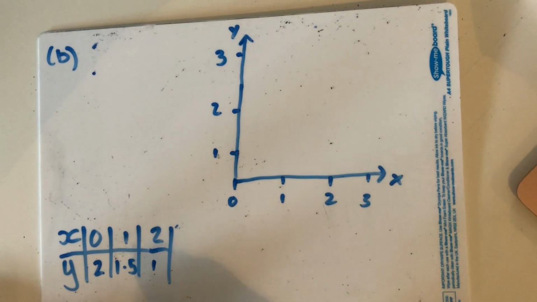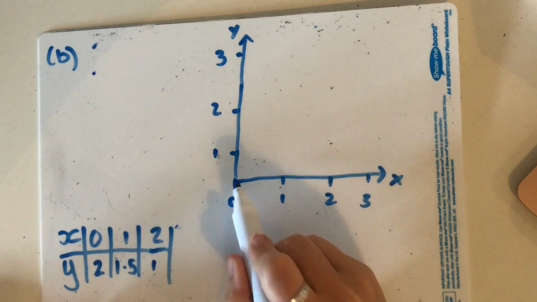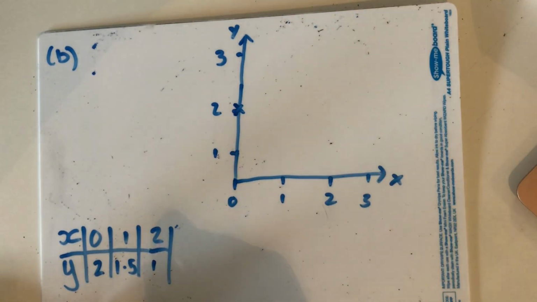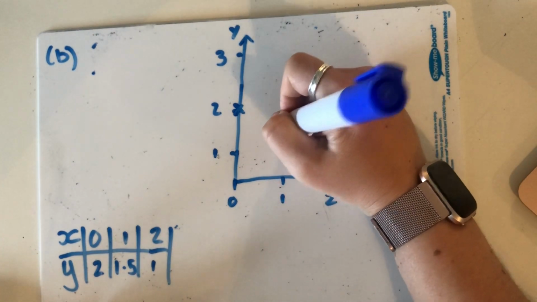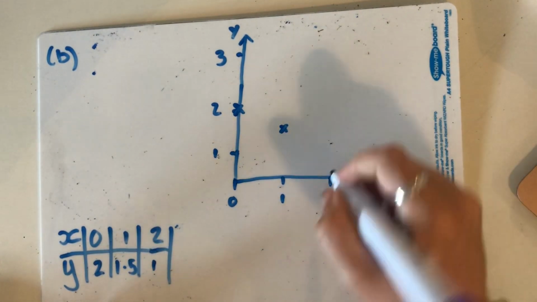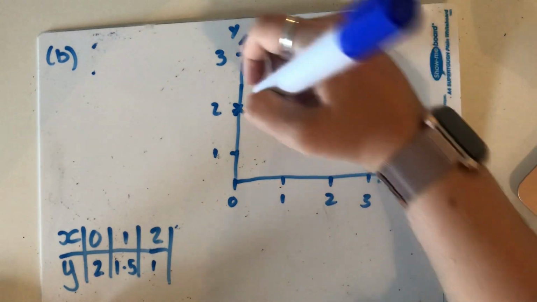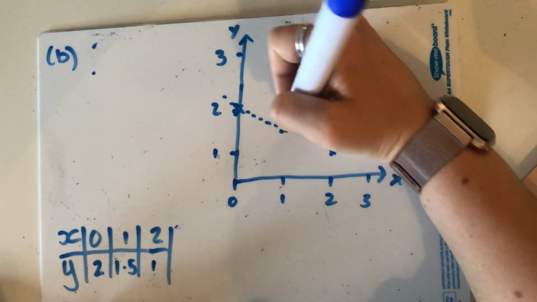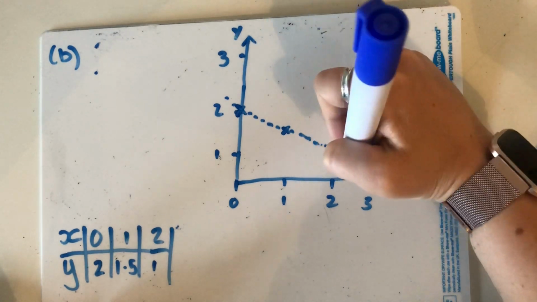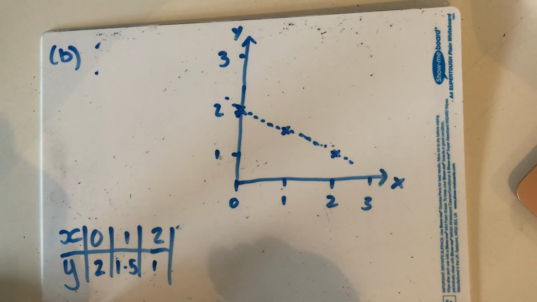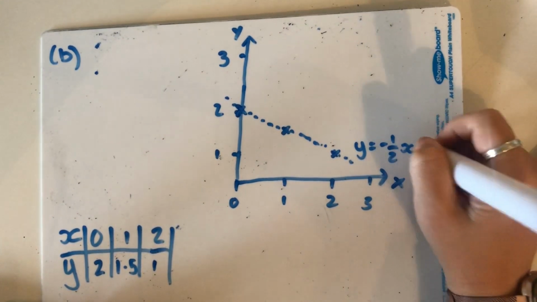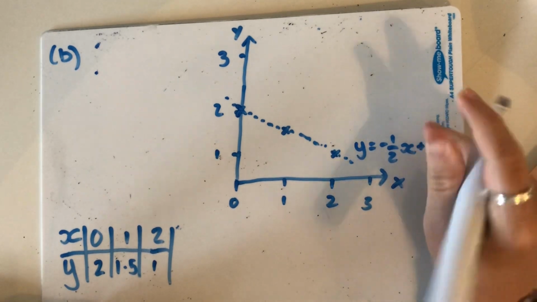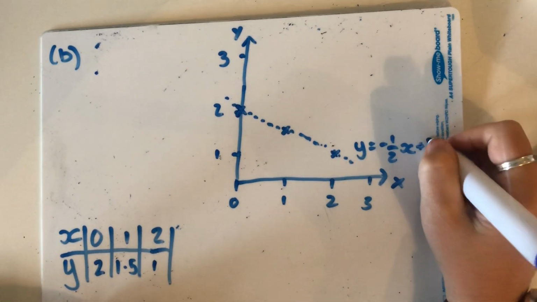Okay, so plotting these coordinates, I'm going to have 0, 2, 0 along, 2 up. Okay, 1 and 1.5 is going to be roughly here, and then 2, 1 is going to be roughly here. Okay, so again, draw a straight line through your points and label it, which I've just rubbed out, but it was y is equal to negative a half x plus 2.